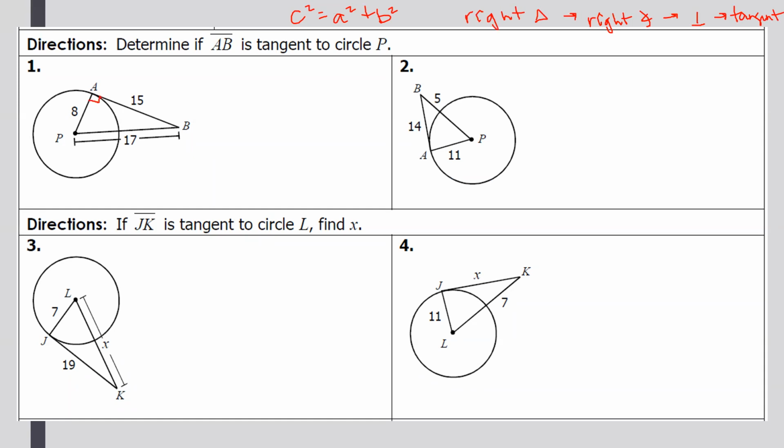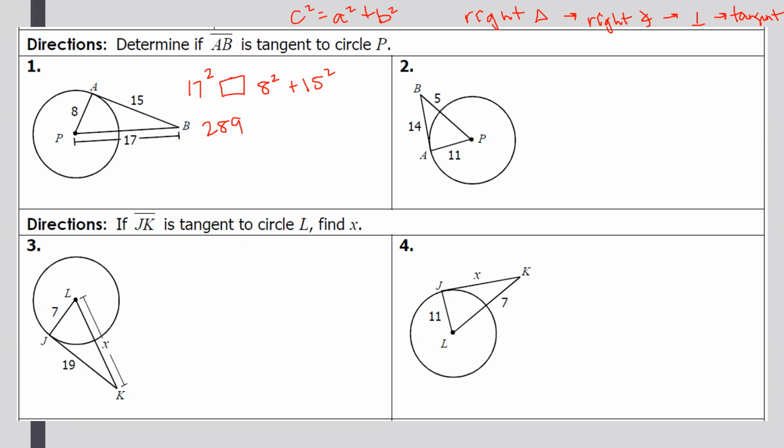Potentially, this would be a right angle. We're not sure if it's a right angle yet. That's what we have to determine. So we're going to use our friend Pythagoras still, but we're not going to put the equal sign just yet. The hypotenuse here would be 17. So 17 squared. We want it to be equal to a squared plus b squared. 17 squared is 289.